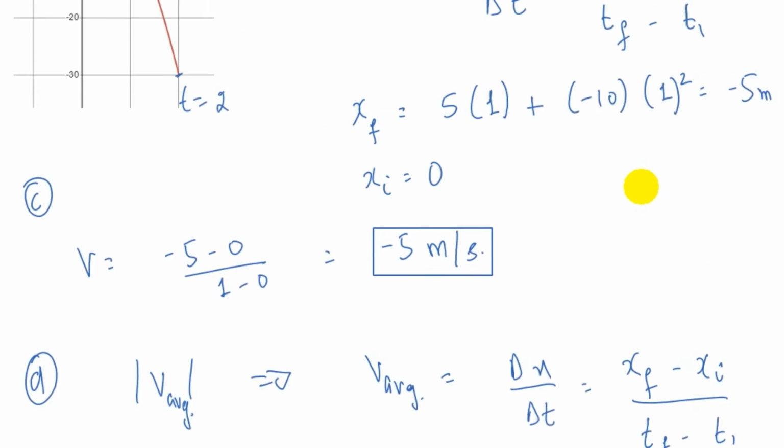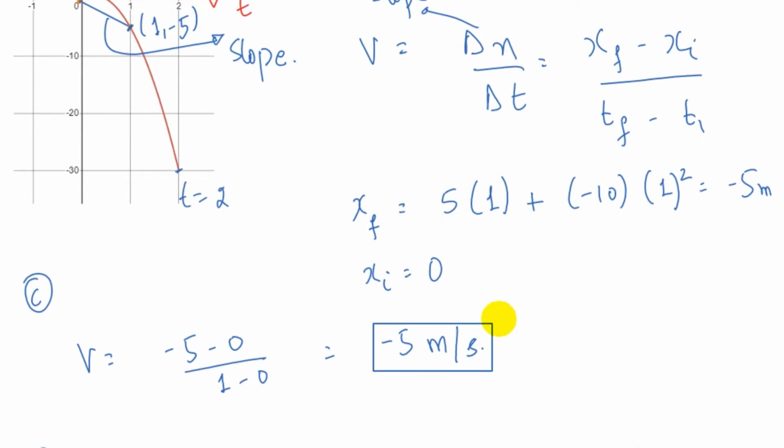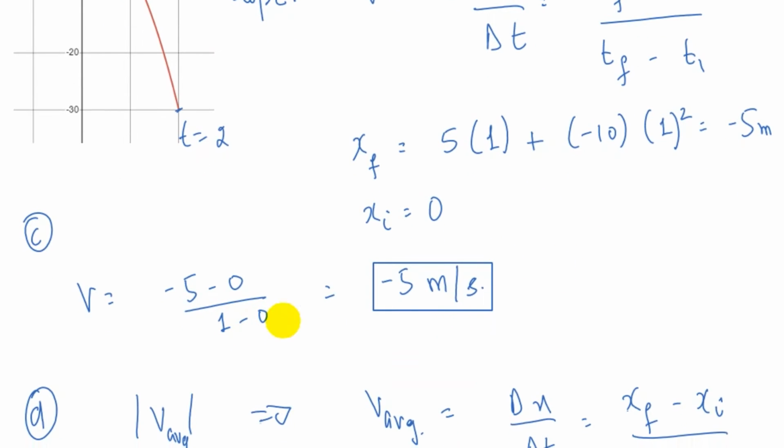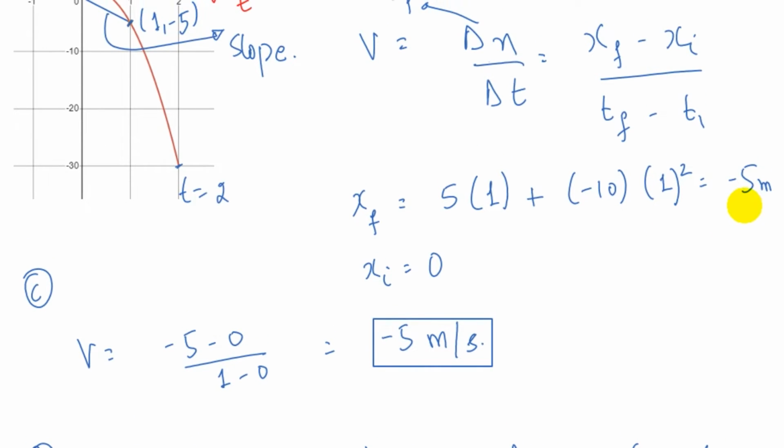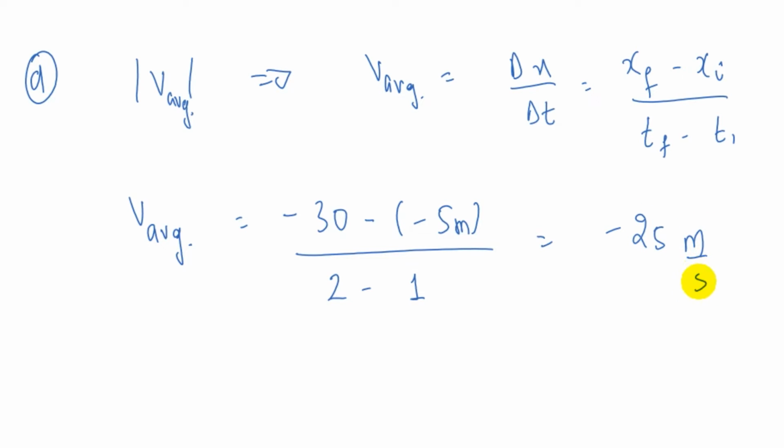Now minus xi. Now xi would be at t equals 1 second, which we calculated earlier also. The position is minus 5 meter. So this would be minus 5 meter, divided by tf minus ti. Tf is 2 second minus 1 second. So on further solving, we'll get this value to be minus 25 meter per second.